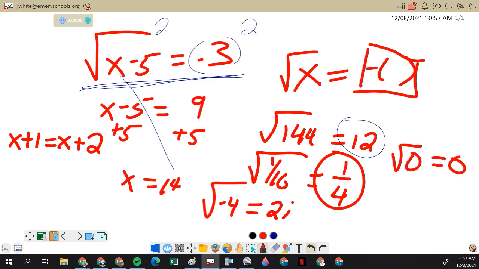If you have some weight and you add 1, and you have the exact same weight and you add 2, when will those be equal? Never. So this is just an example of an impossible equation. That cannot happen. Likewise, this cannot happen. Okay? But sometimes it's a little more complicated than that.